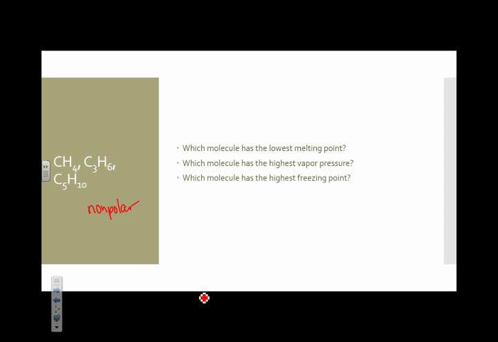So when we're asked to figure out which has the lowest melting point, we're really looking for the weakest intermolecular attractive forces, the weakest IAFs. Because these are all nonpolar molecules, we're looking for the one with the least number of electrons, or the smallest molecule. And that would be CH4.